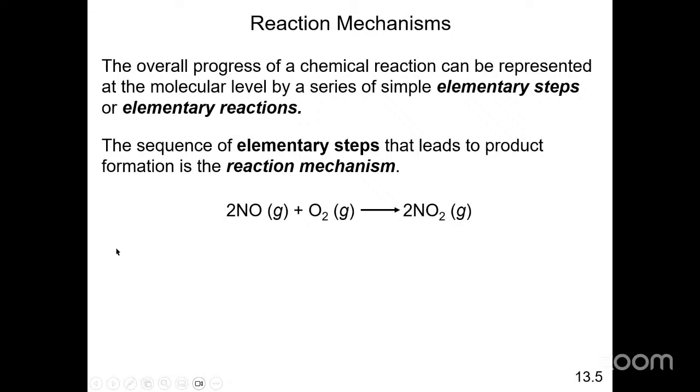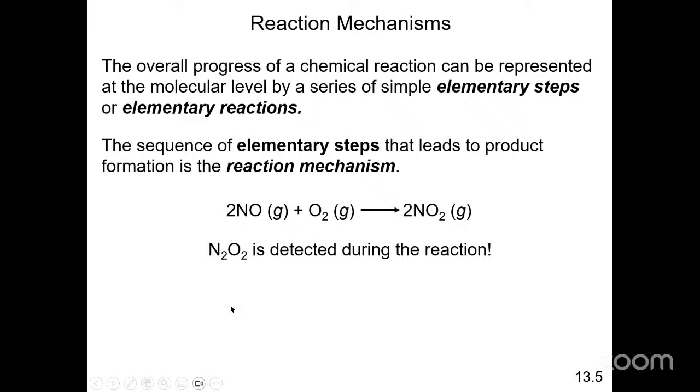So let's say we have this reaction, the reaction between nitrogen monoxide and oxygen to form nitrogen dioxide, right? Somebody was doing this reaction and they're interested in determining what the mechanism is, and they detected a substance which is neither a reactant nor a product. That substance is N2O2, dinitrogen dioxide.